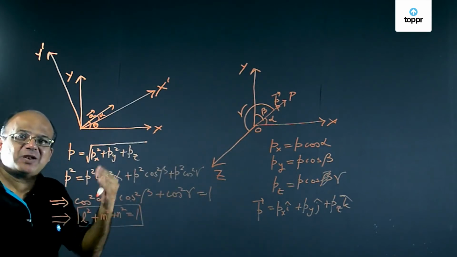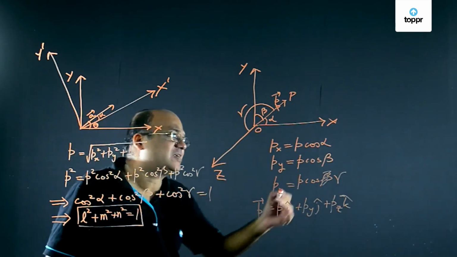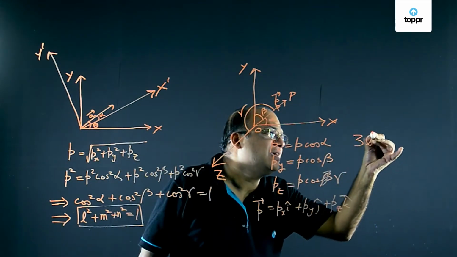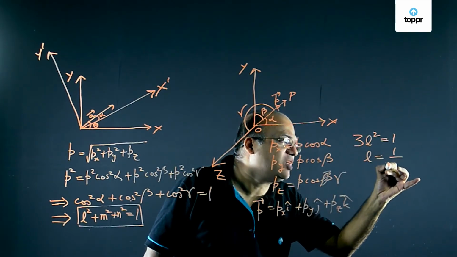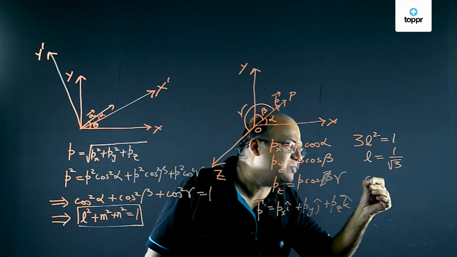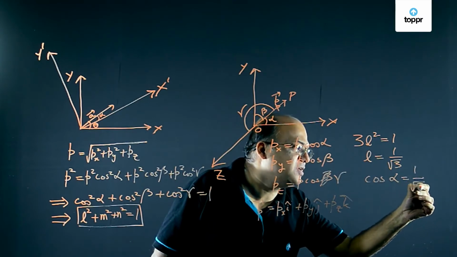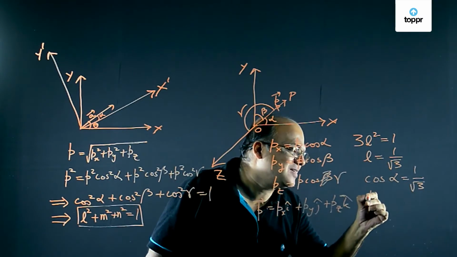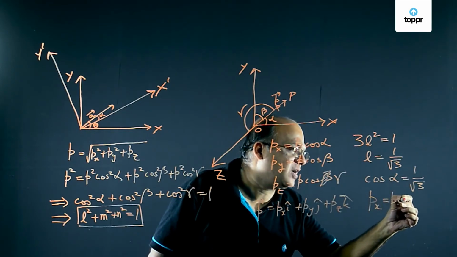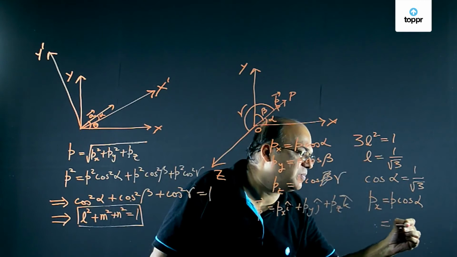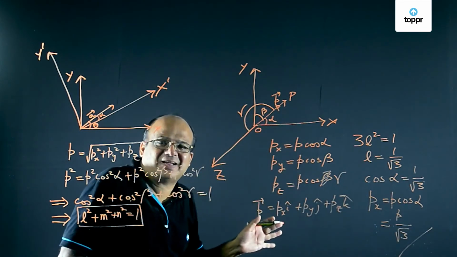Now we know L square plus M square plus N square is equal to 1. So from here we get 3L square equal to 1. L becomes 1 by root 3. And what is L? L is nothing but cos alpha. So cos alpha is 1 by root 3. So from here we realize that Px will be equal to P cos alpha will be equal to P by root 3. So that is as simple as that.